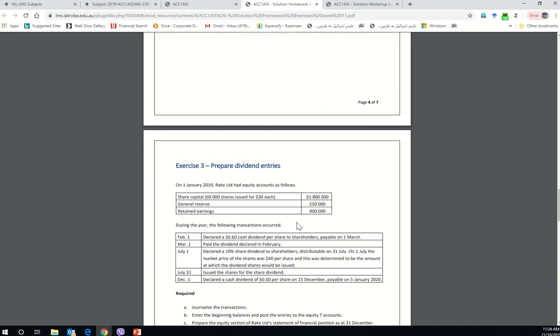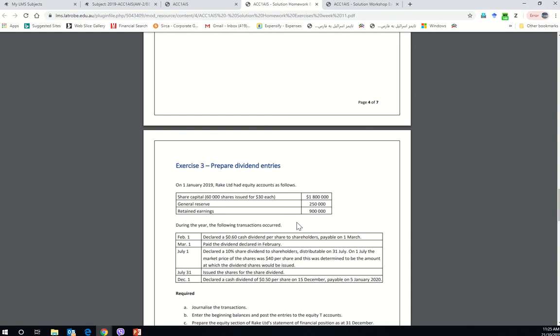In this exercise we reviewed how to generalize dividends, which is cash, and then we compare the cash dividend with the share dividends, right? So when the company is issuing share dividend, the money comes out of the retained earnings, but then it goes into the capital accounts.